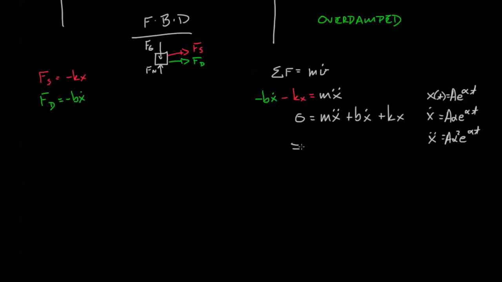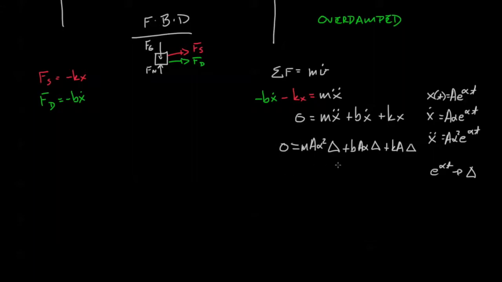So what do we got? We got m A alpha squared, and just for kicks, e to the alpha t, I'm going to call that delta, plus b A alpha delta, that's just because I want to save space, plus k A delta equals 0.